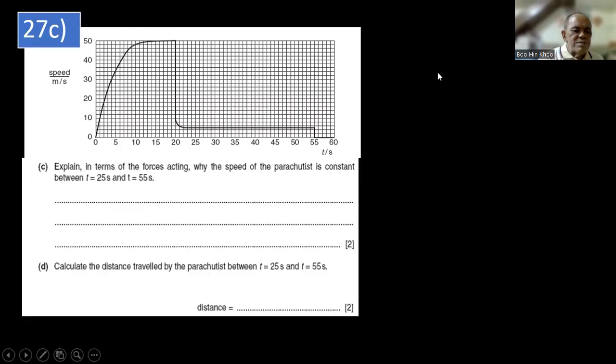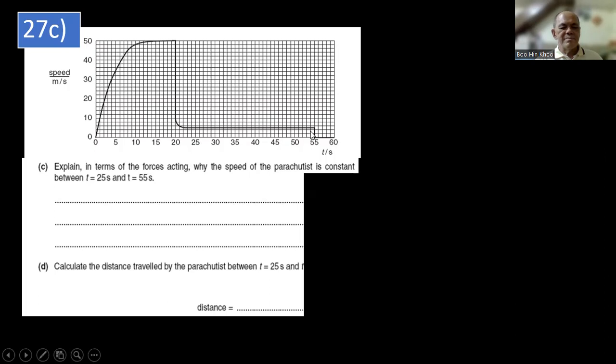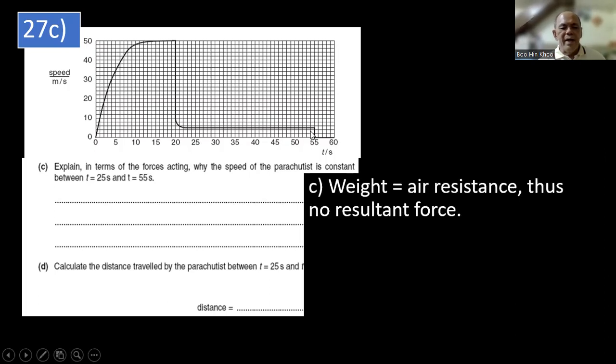Explain in terms of forces acting why the speed of the parachutist is constant between 25 seconds and 55 seconds. Right? Weight equals air resistance, thus no resultant force acting.